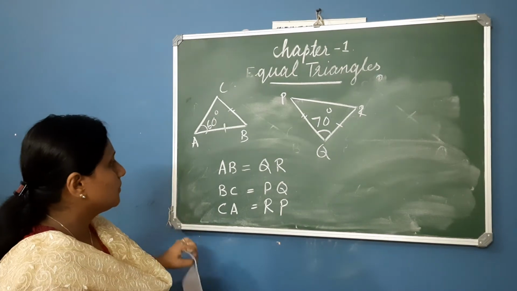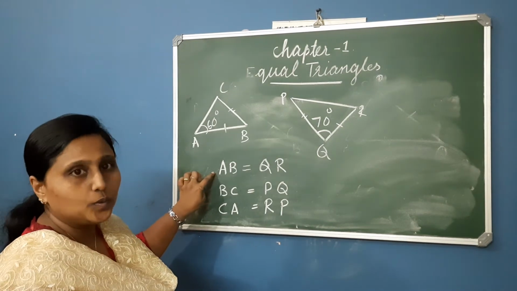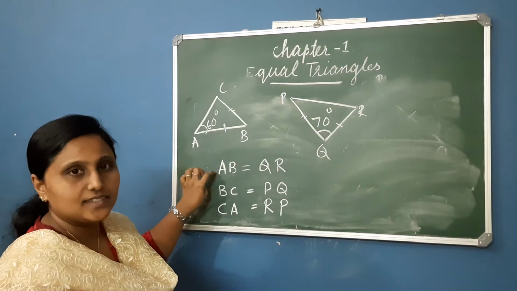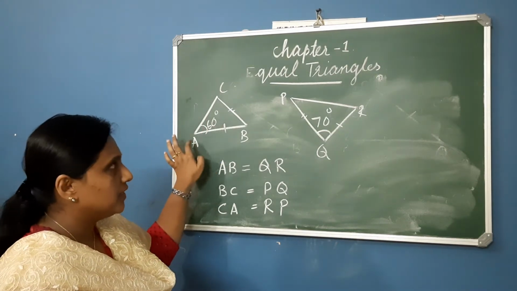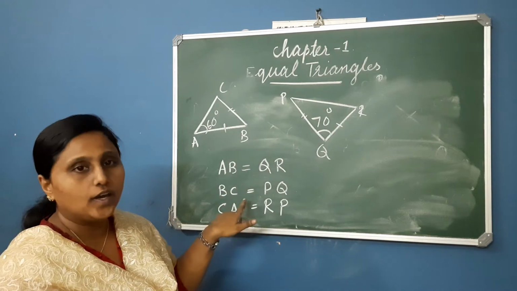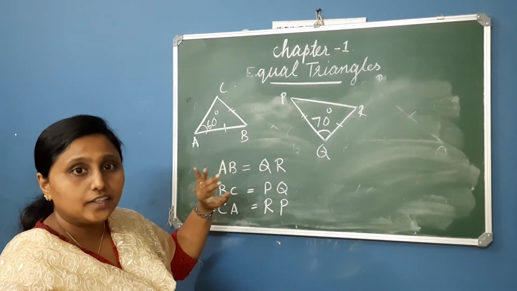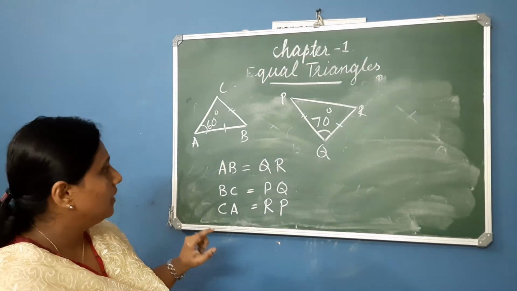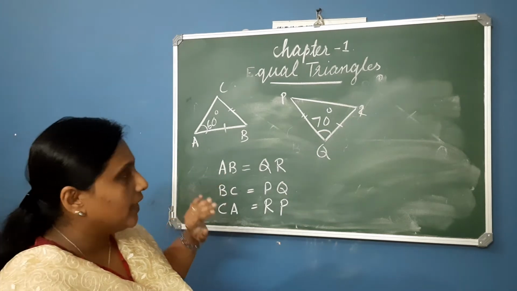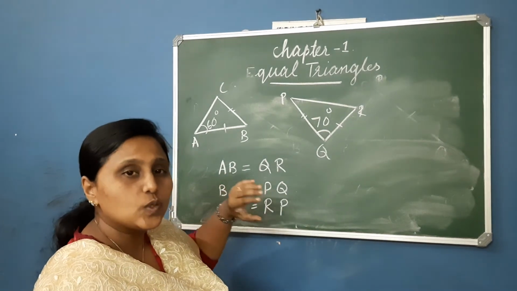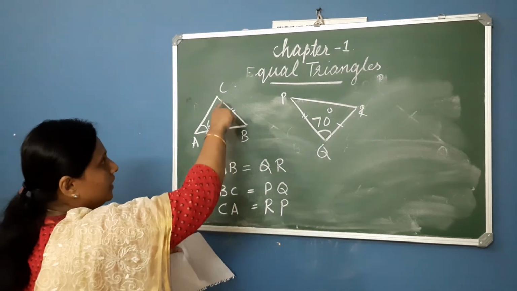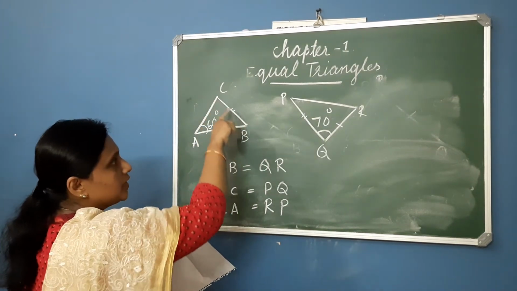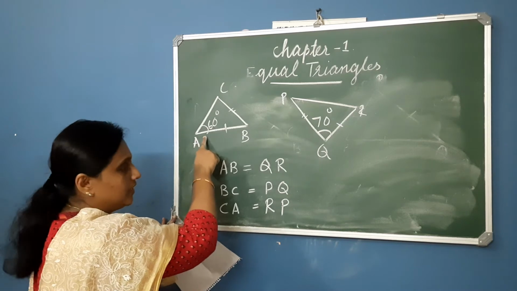How can we find? Here also we can use SSS rules. Three sides of triangle ABC and triangle PQR are equal and they are equal triangles. Here in equal triangles, the angles opposite to equal sides are equal. So here angle opposite to BC is 60 degree.